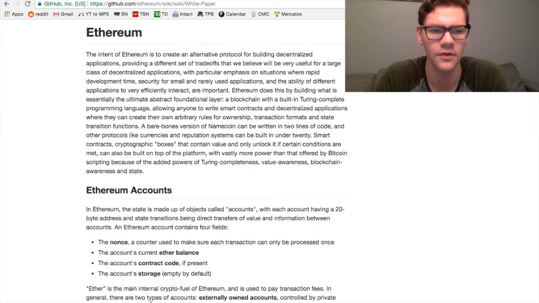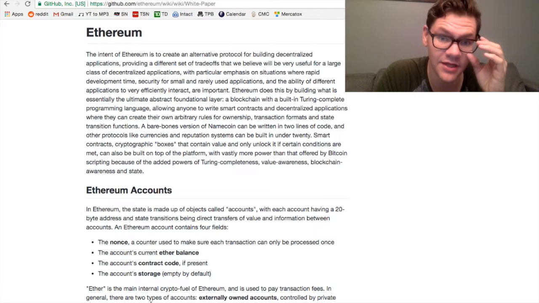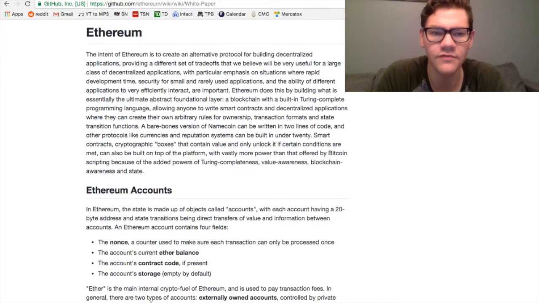Ethereum. The intent of Ethereum is to create an alternative protocol for building decentralized applications, providing a different set of trade-offs that we believe will be very useful for a large class of decentralized applications, with particular emphasis on situations where rapid development time, security for small and rarely used applications, and the ability of different applications to very efficiently interact are important.